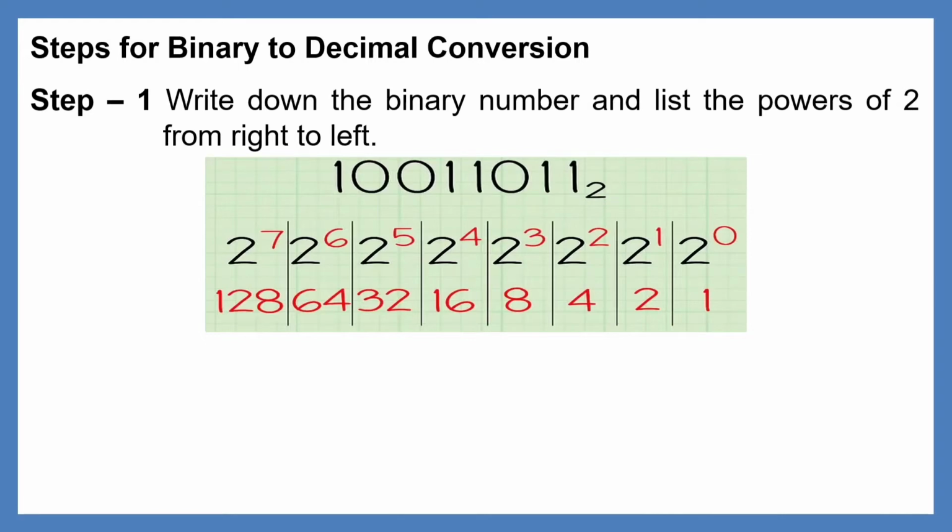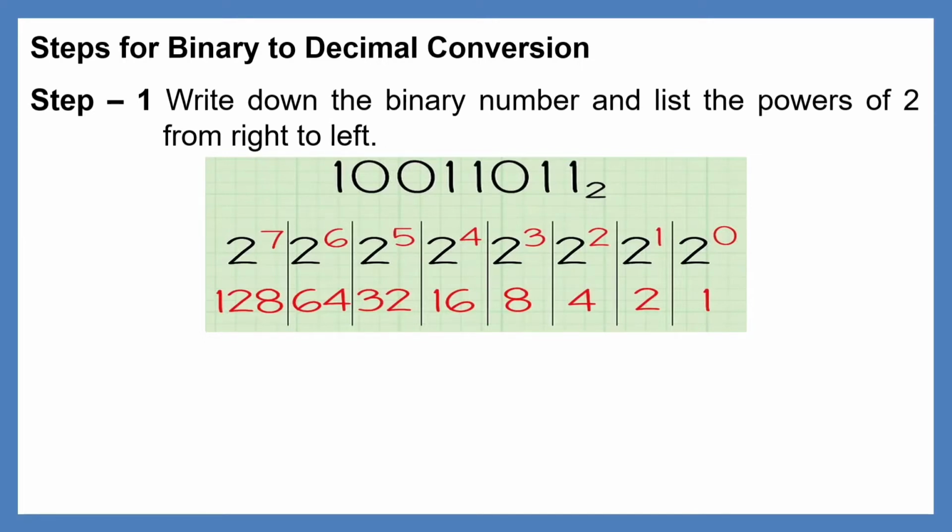This is the same as in the decimal number system, where we call it the place value. In the binary number system, there is also a place value. So in binary, we have 2 raised to 0, which is 1. Then 2 raised to 1, which is 2.